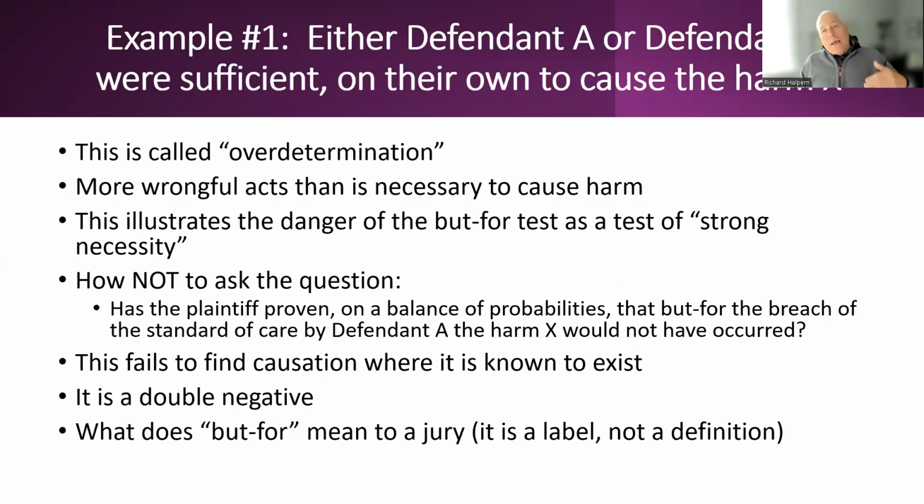So either but-for doesn't work because it's been interpreted, as described in some of the academic writings, as only a test of strong necessity. And when we think about strong necessity, again, we get back to what Chief Justice McLaughlin said in Clements, referring to the requirement that the wrongful act be necessary to bring about the loss.